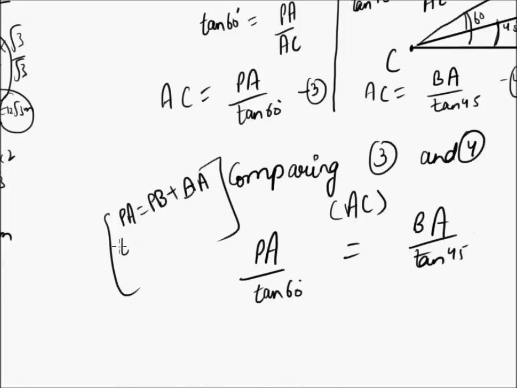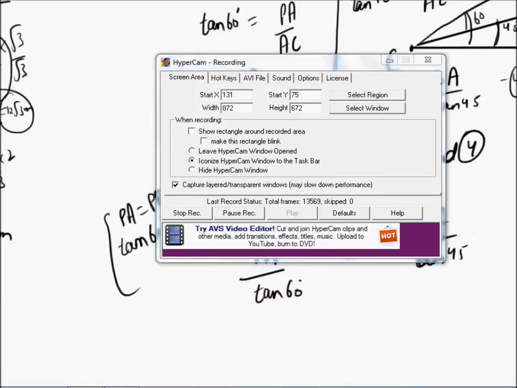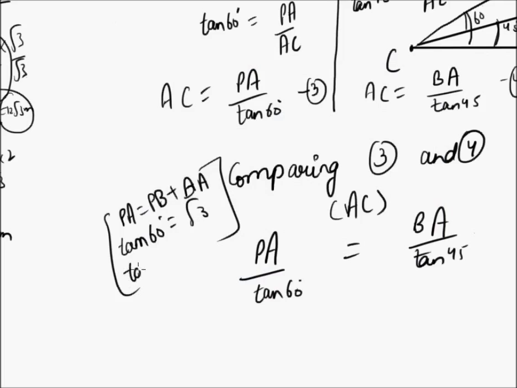And tangent 60 degree, we know that it is under root 3. Similarly, tangent 45 degree, we know the value is 1.